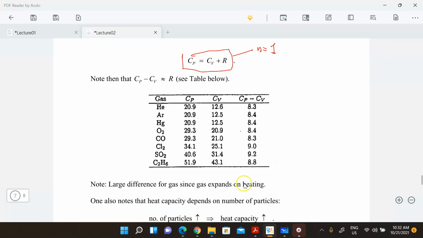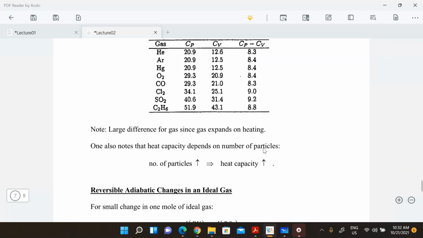So the fact that the gas expands significantly is why you have that large difference. The other thing that was not really shown here is that if you have more particles, then your heat capacity also increases. So if you have 2 moles, then your heat capacity will double.